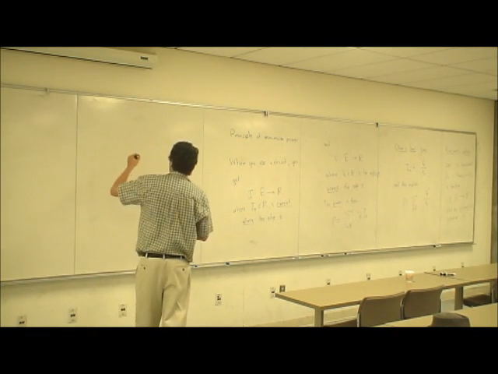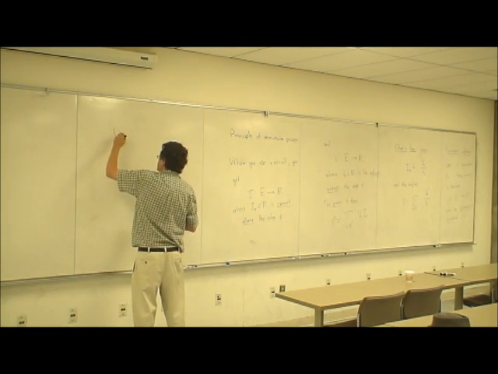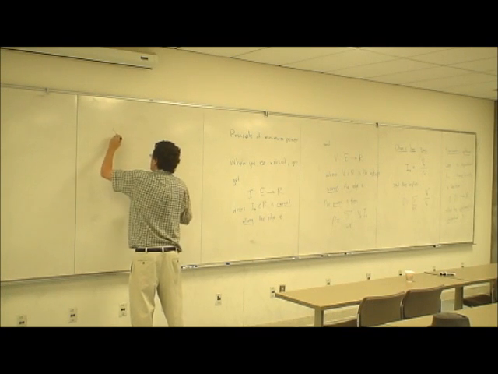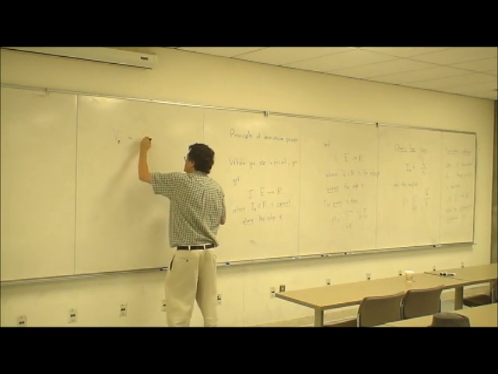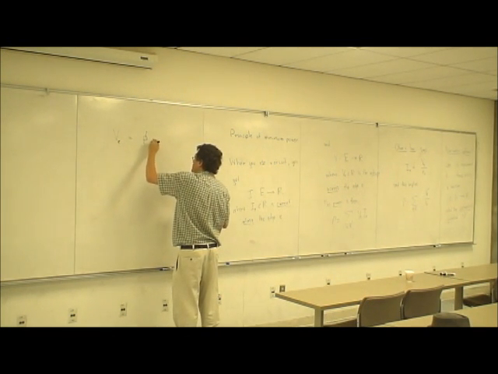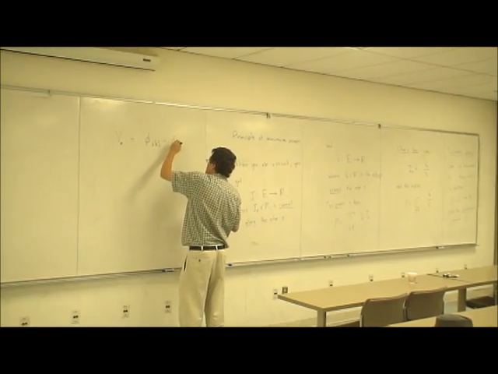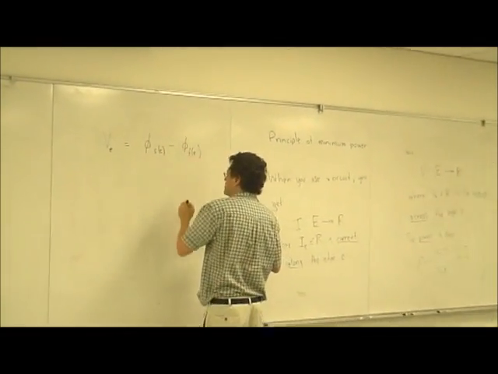So anyway, what did I say here? I said such that the voltage across an edge is the potential at one end minus the potential at the other end.